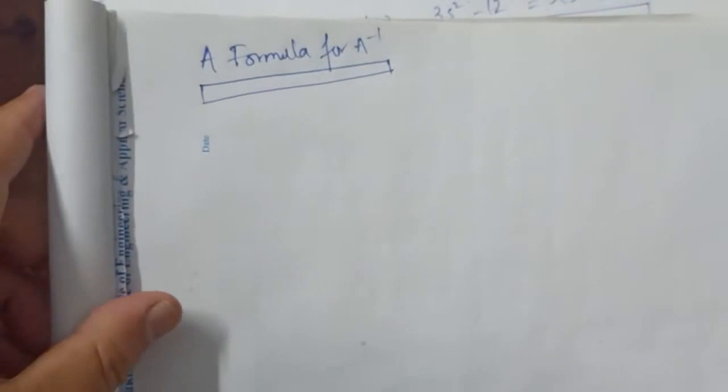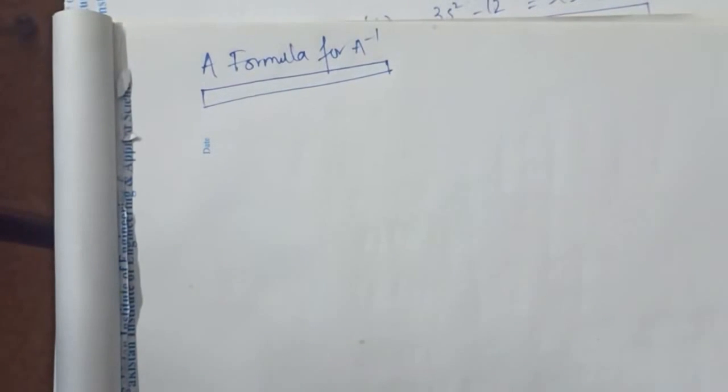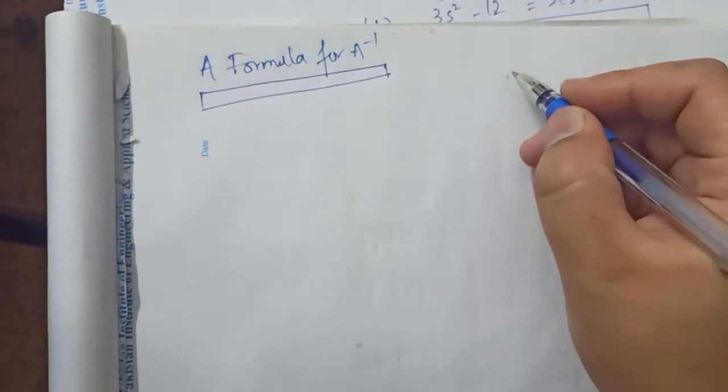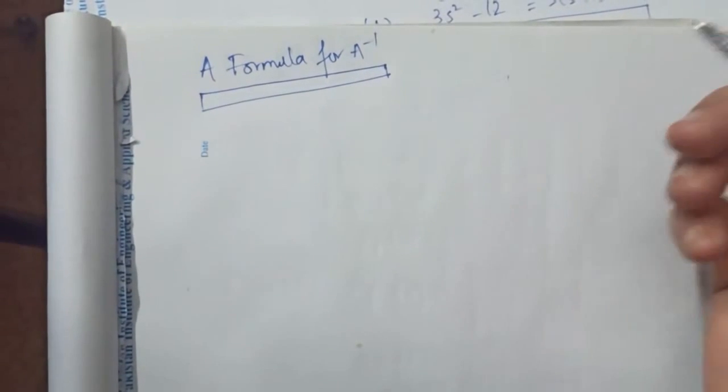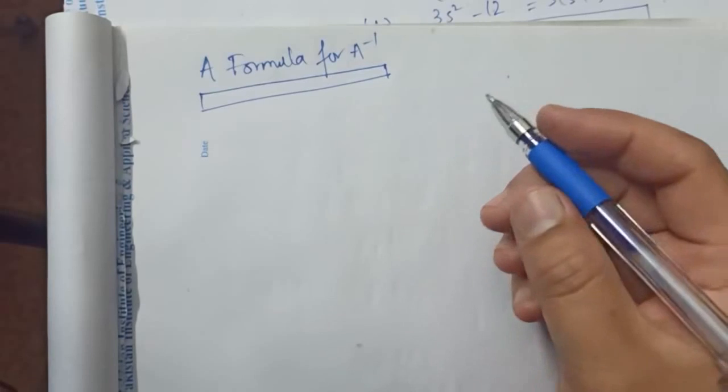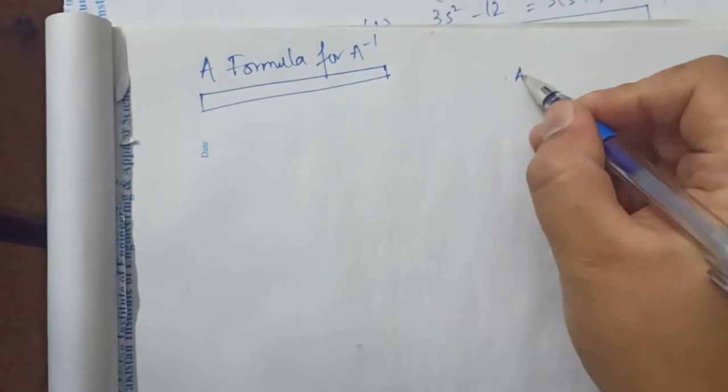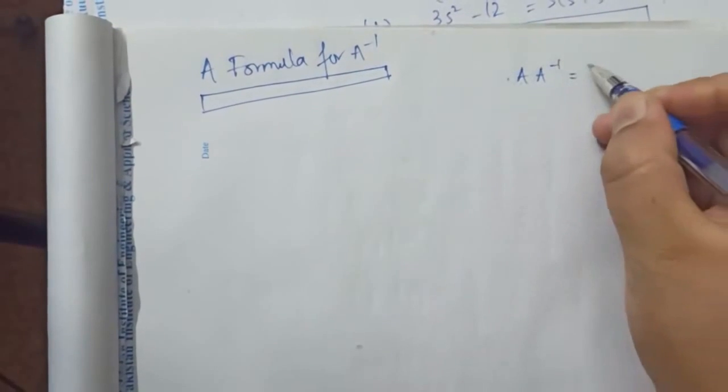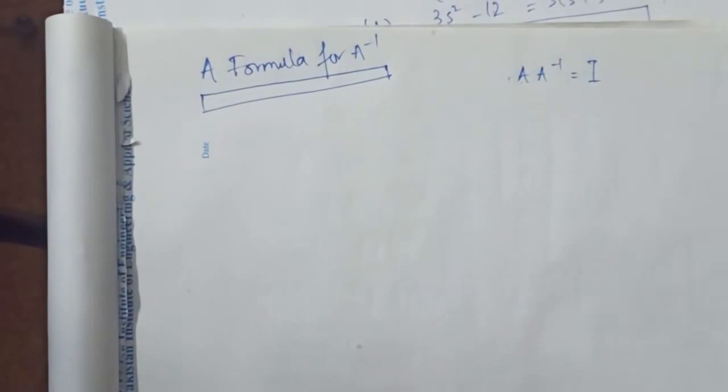Okay, now remember this. First thing that you have to remember is that A times A inverse is I, right?